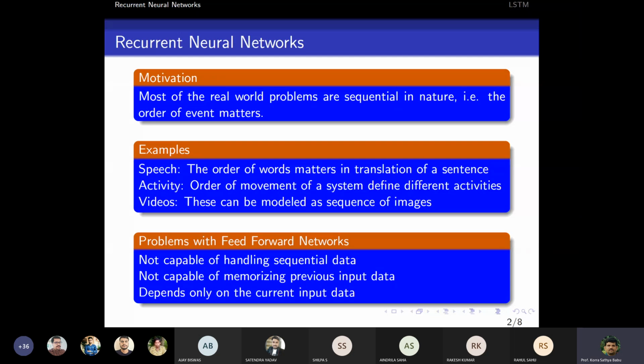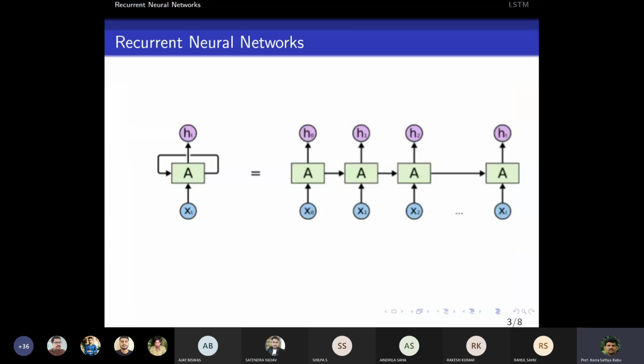Now look at the recurrent neural network on the right hand side. This is a general representation. You see the input x0. The x0 is the input that you give, then some activity takes place here, and the output is given as h0.